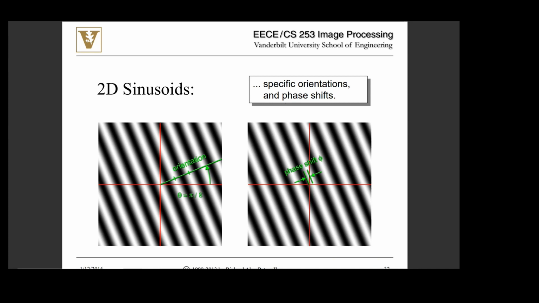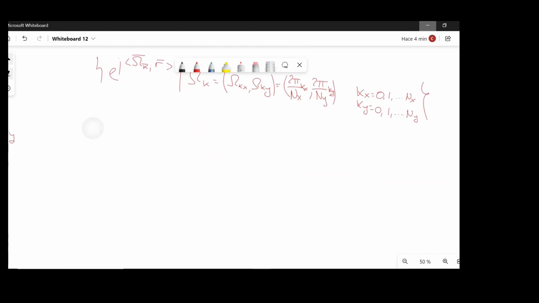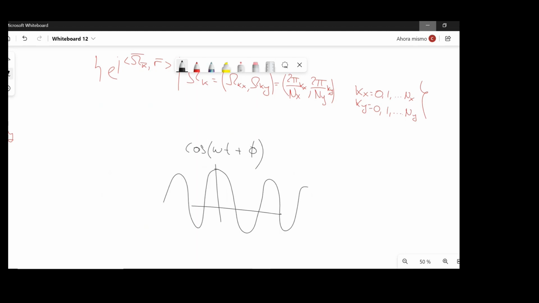So what is a phase shift in 1 dimension? Let's say that you have a cosine of omega t plus phi. You make phi equal 0, and what you have is a cosine. This is the axis, and this is with phi equals 0.